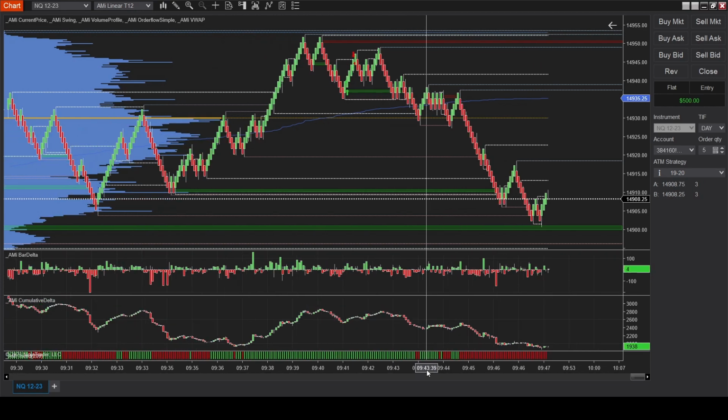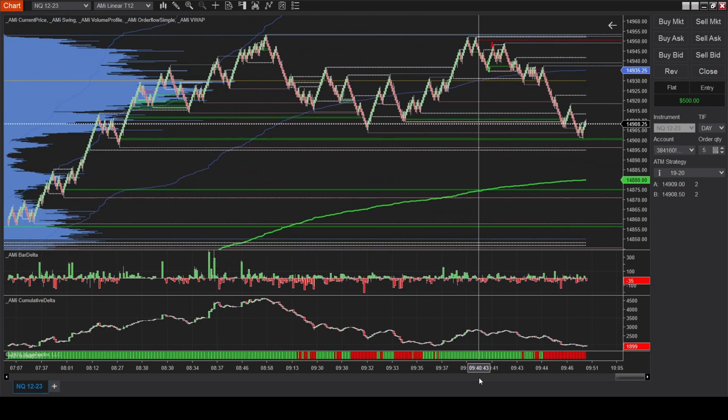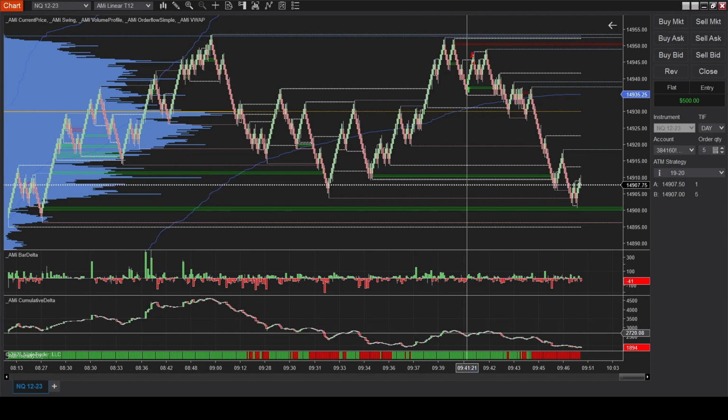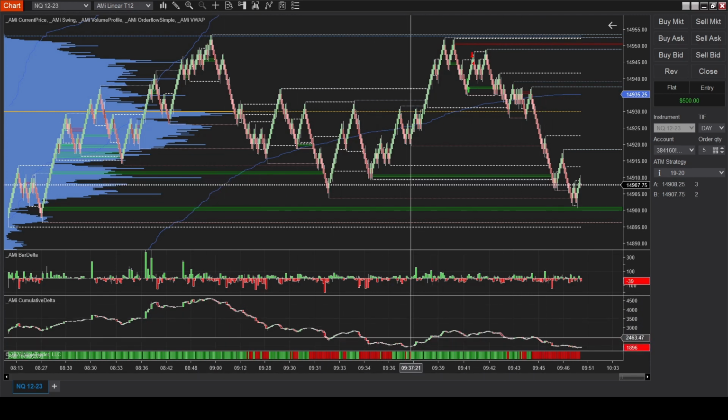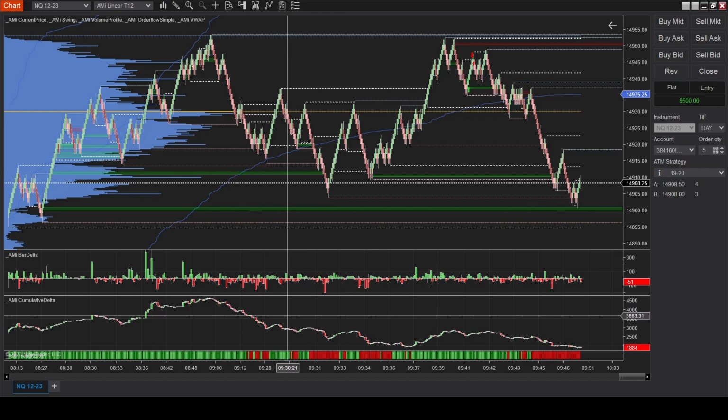A little bit skeptical of taking a short trade right now, even though kind of the overall trend in cumulative delta is towards the downside.